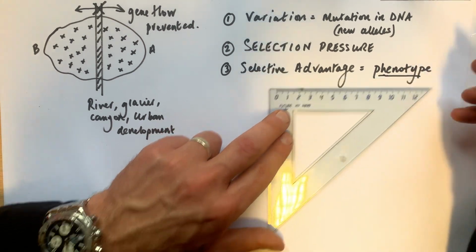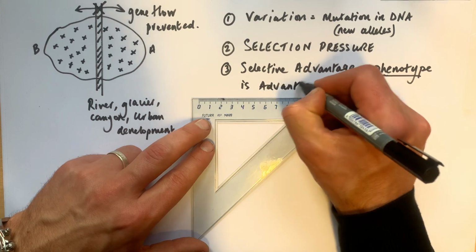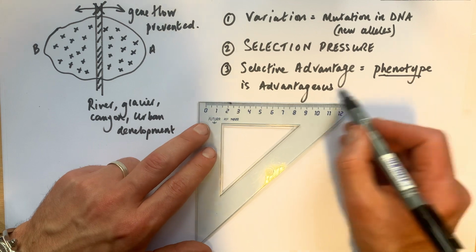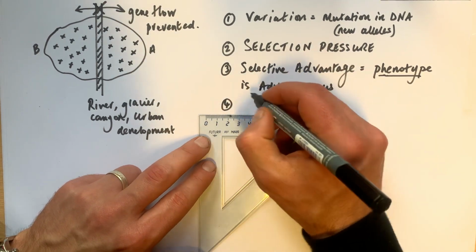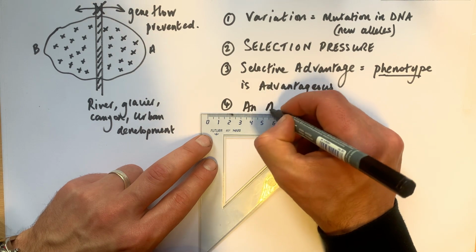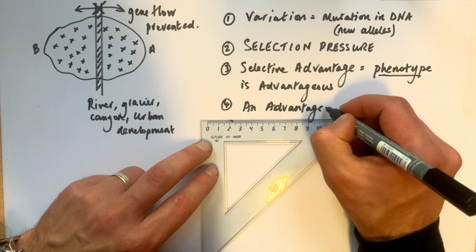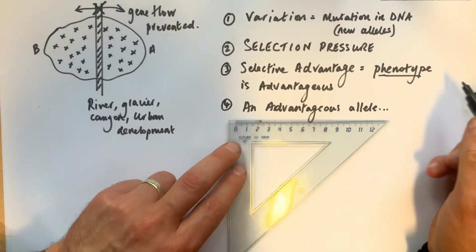Now, with the selective advantage, that means that the phenotype, that's the physical characteristics, is advantageous. Now, with an advantageous phenotype, there's always got to be an advantageous allele that helps to code for that phenotype.